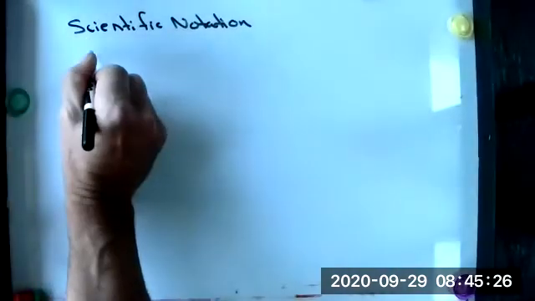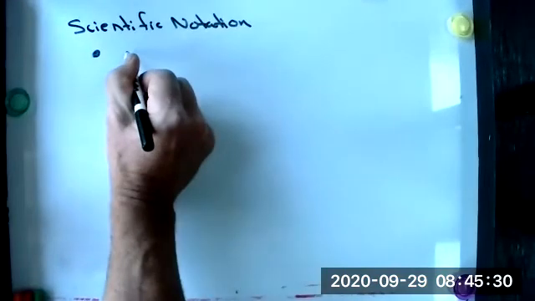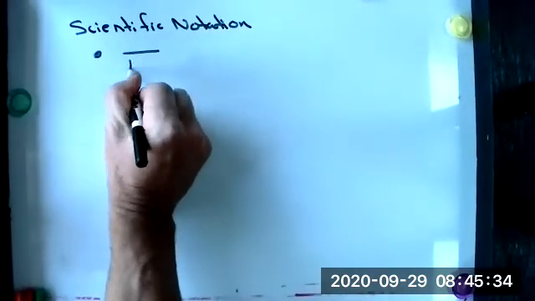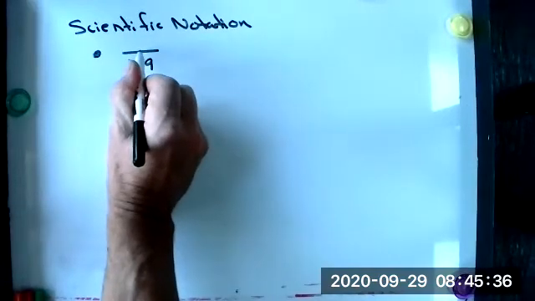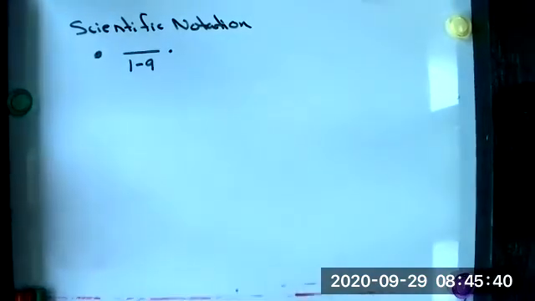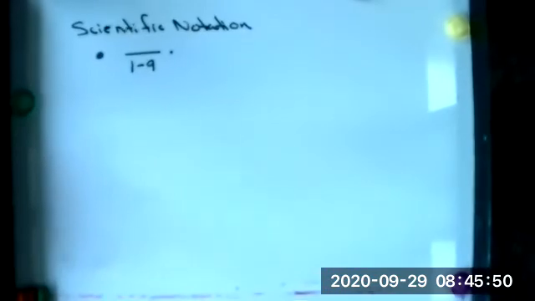The first rule is you have to set up scientific notation where you have a number that is 1 through 9 in that spot, followed by the decimal. So that's rule number 1. You only get one digit out in front of the decimal, and that one digit has got to be a number 1 through 9.